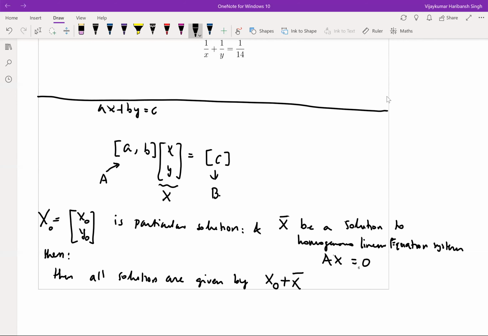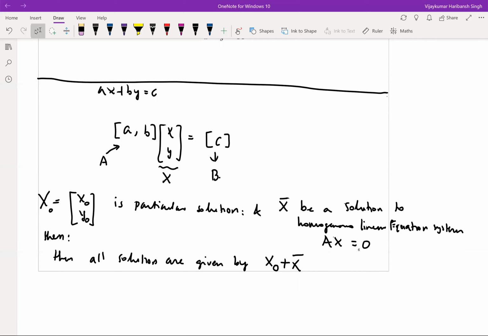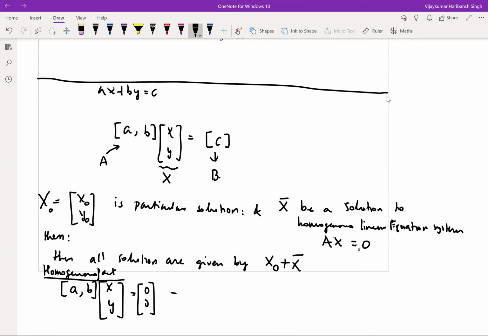And you see that if you want to compute (a, b) times (x, y) for the homogeneous part, you want to solve this, you can clearly see you'll get ax plus by equals 0.